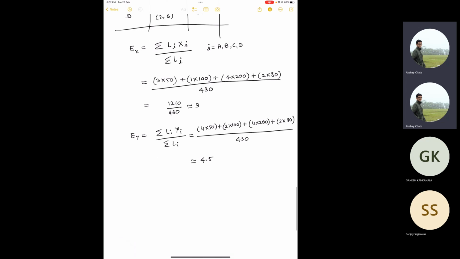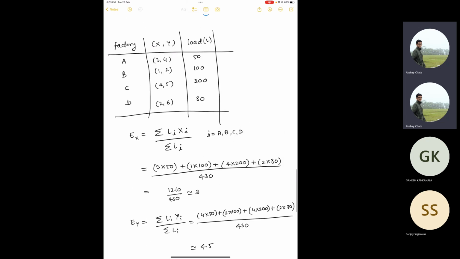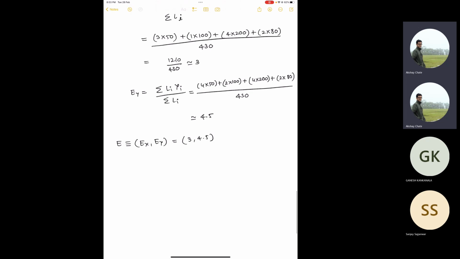So now you understood that if you put your warehouse at the location given by EX and EY, X is 3 and Y is 4.5. Ganesh, if you have free time, what you can do is plot these 4 points on a graph and plot this point which we calculated.